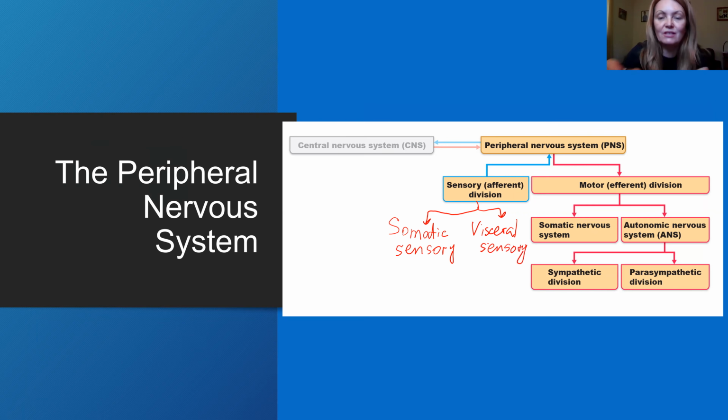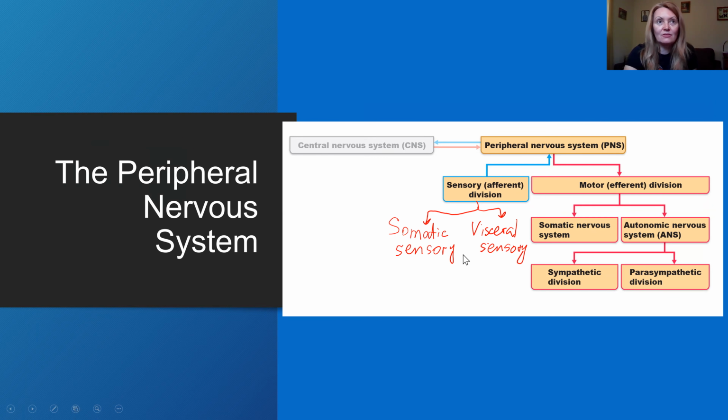And visceral sensory is the sensory information that usually does not reach your consciousness and comes from your visceral organs, right? Like, let's say, from your heart, from your blood vessels, from your stomach, from your GI tract, from your urinary bladder. Oh yeah, some of this information from the urinary bladder will reach your consciousness, like you understand you want to go pee, right?